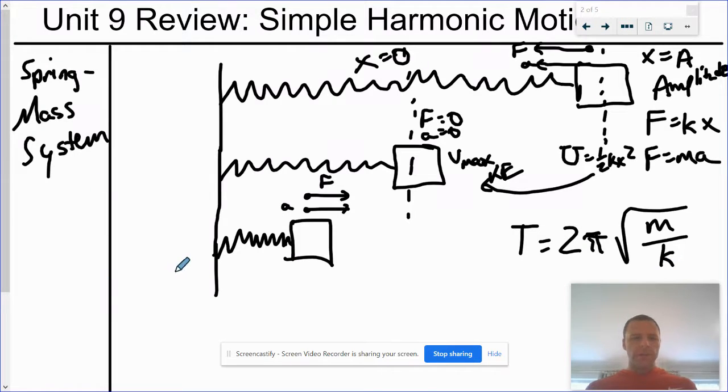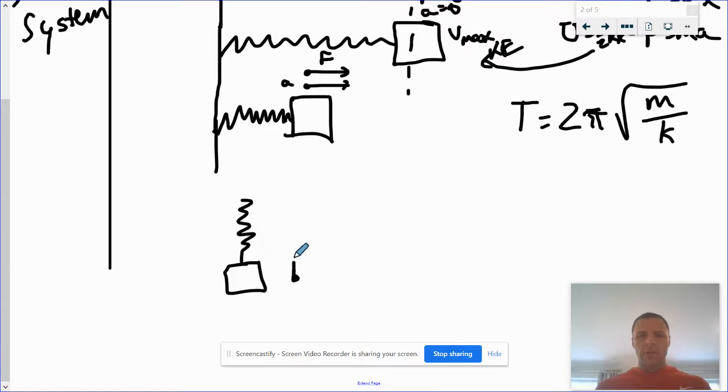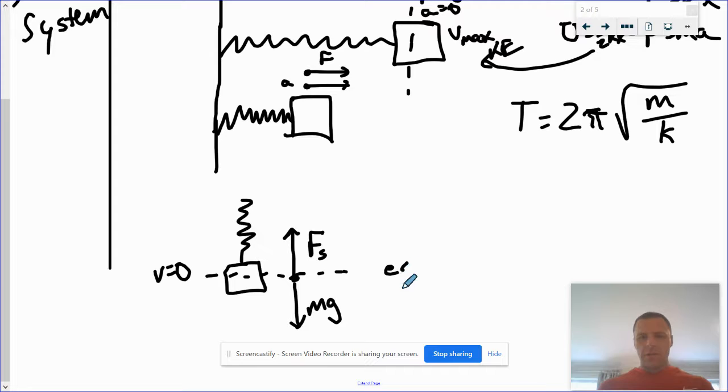Final thing about these systems is that if they're in a vertical setup, if we just lower that mass down slowly, we have the force of the spring up equals mg down, so that the velocity is 0. This is what we call equilibrium. This is if we were to just lower it down.